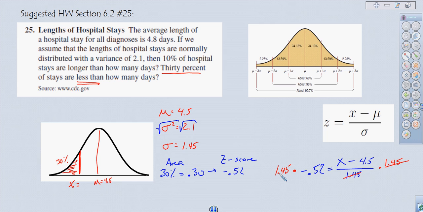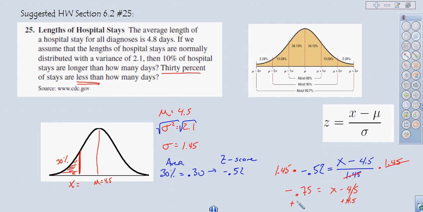So I get 1.45 times negative 0.52. That gives me negative 0.75, which is equal to x minus 4.5. I add 4.5 to both sides, that way I have a minus and a positive, and those cancel.